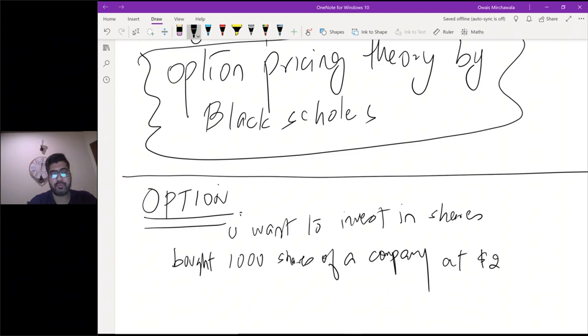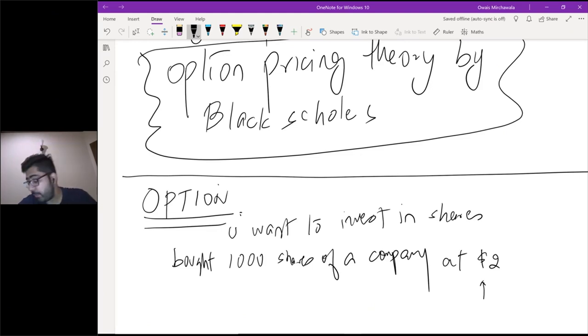Please pay attention. You have made up your mind that you will invest some money, so you decided to invest in shares. You bought 1,000 shares of a company at $2.